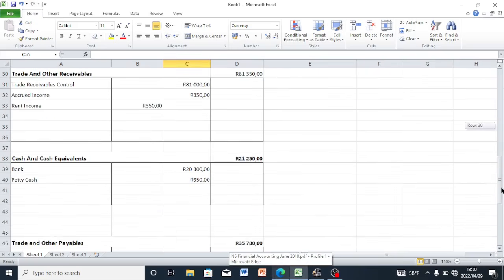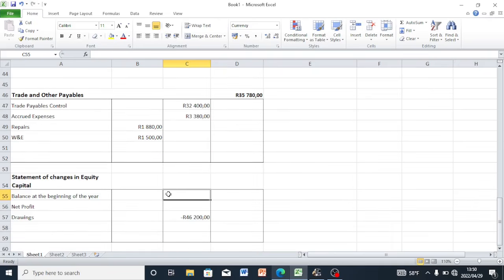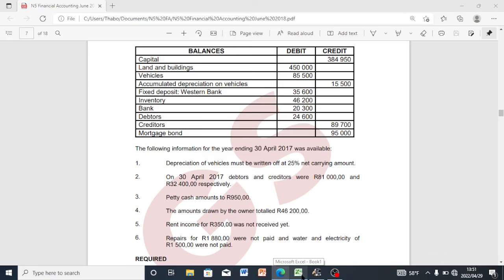So the net profit is also going to be our balancing figure, because the main purpose of us doing this balance sheet is to calculate the net profit of the business. So we are going to take the capital balance, which is 384,950.